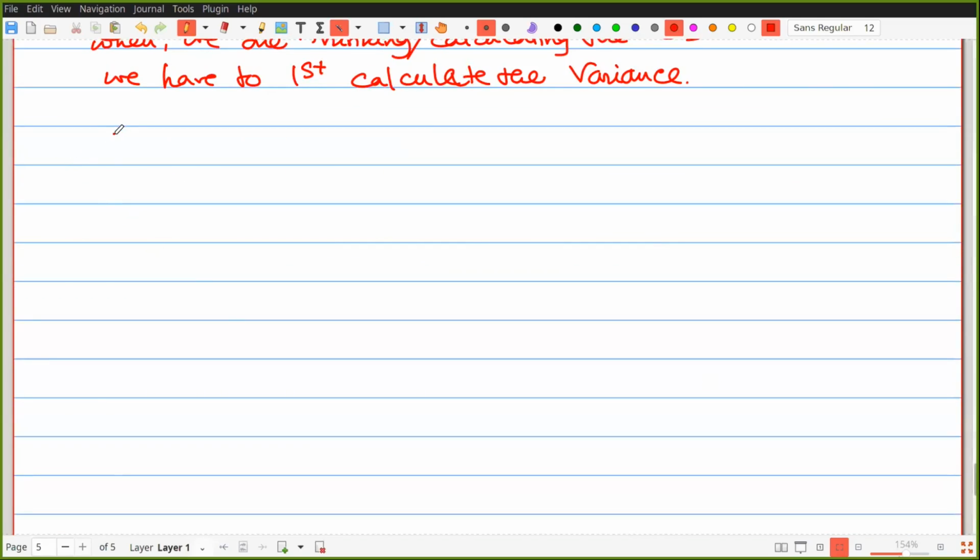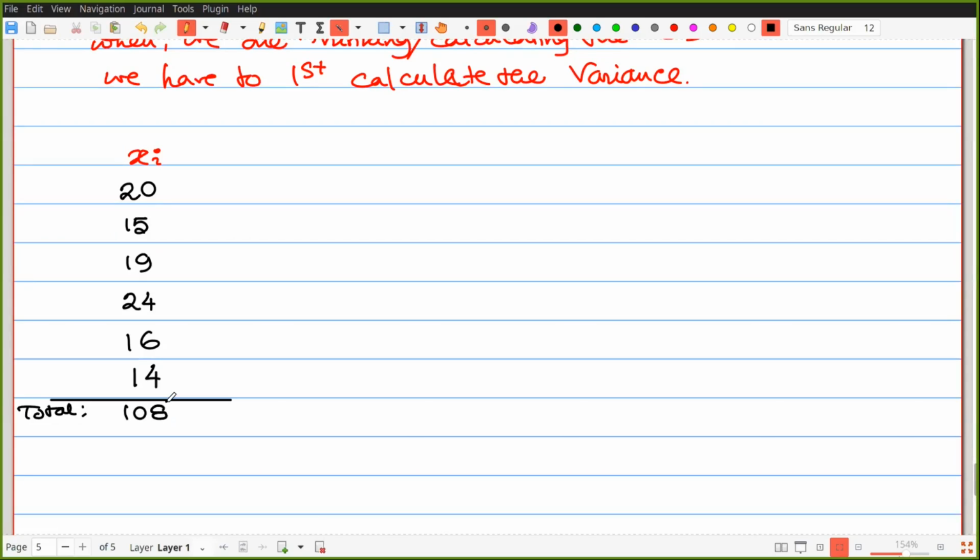Suppose we have an example where each value of x has been given. The values are 20, 15, 19, 24, 16, 14. And the total is given here, that is 108.